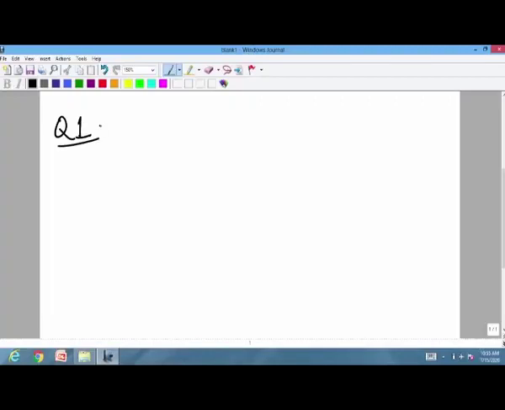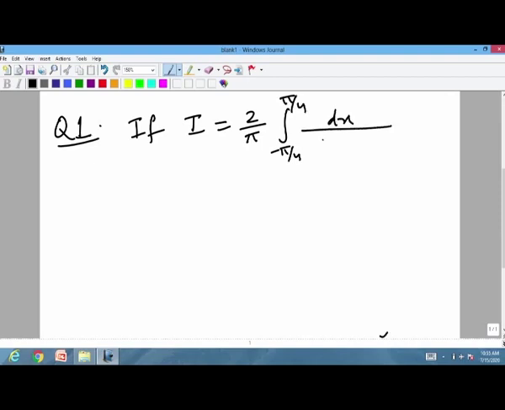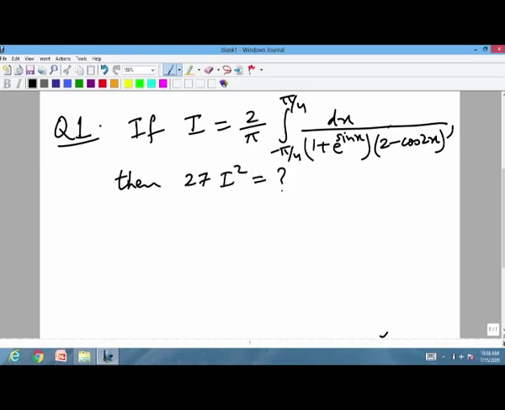So, question 1 says that if I is equal to 2 over pi integral from minus pi by 4 to pi by 4 of dx over 1 plus e to the power sin x times 2 minus cos 2x, then 27 times I square equal to what?